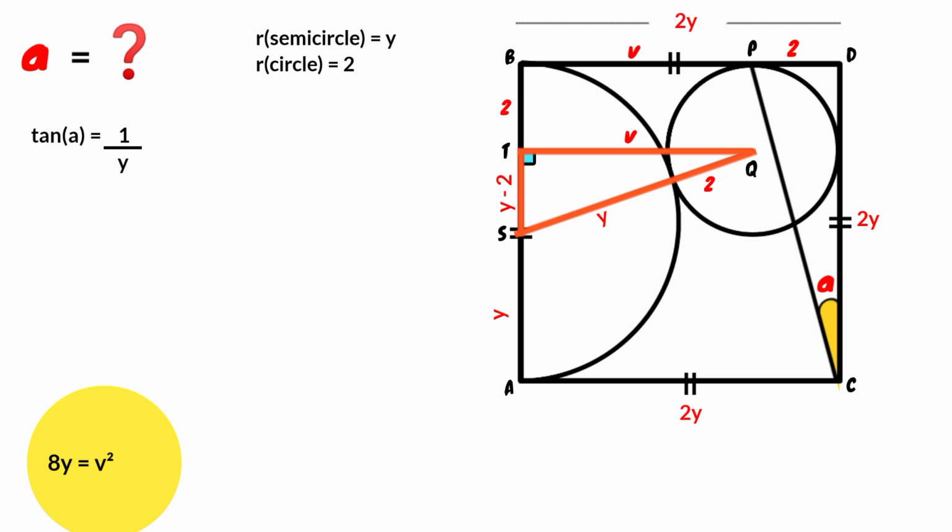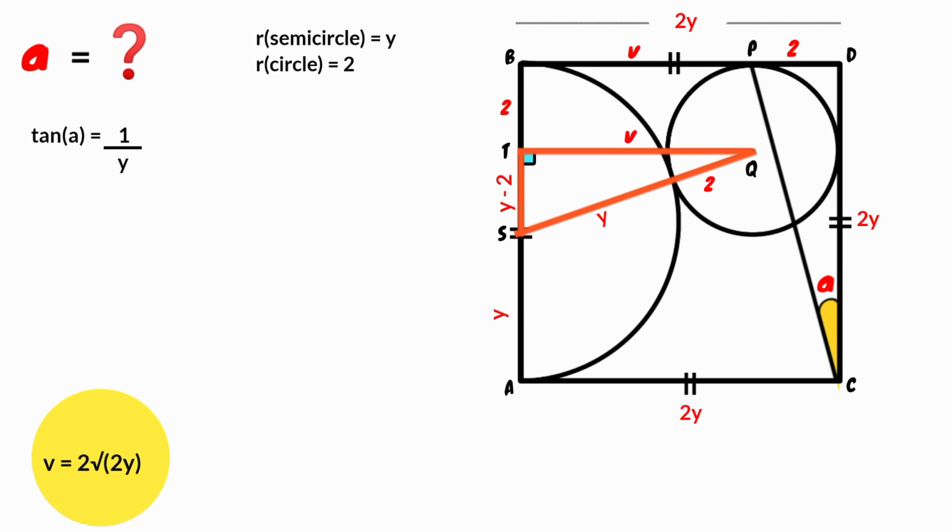Take the square root of both sides of the equation. Here, the square root of v squared is v, while here, the square root of 8y. Since 8y is 4 times 2y, the square root of 4 times 2y is 2 times root 2y.